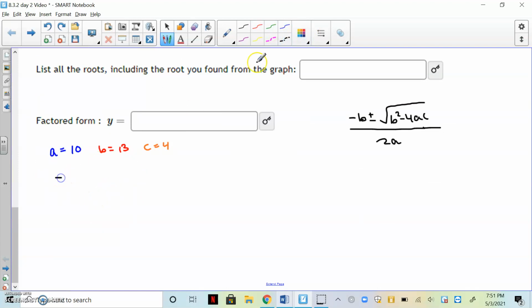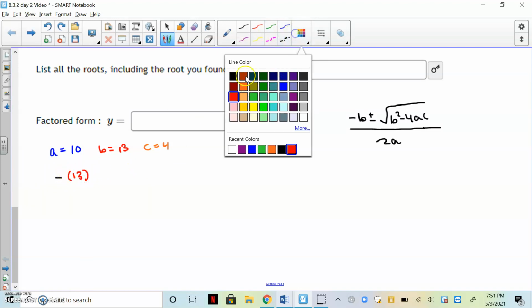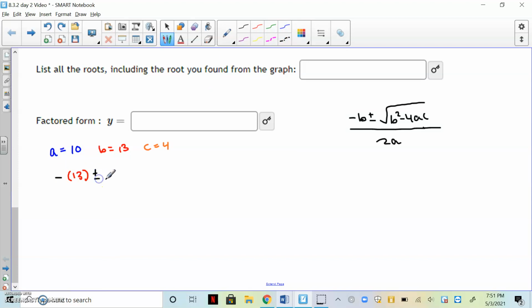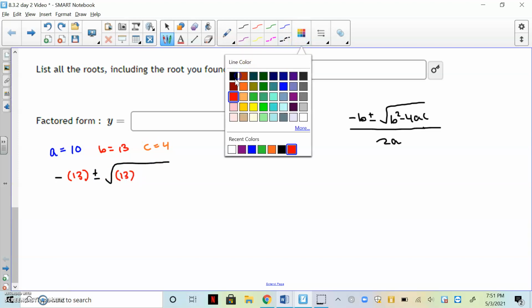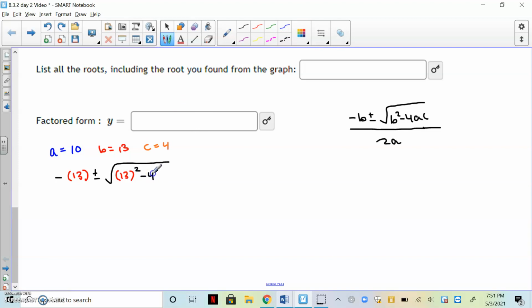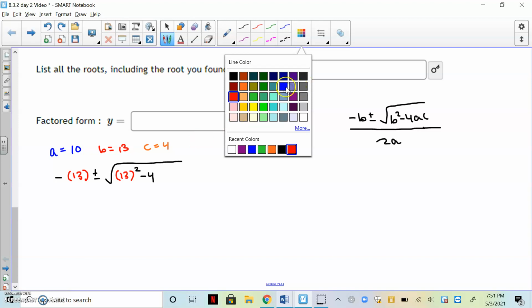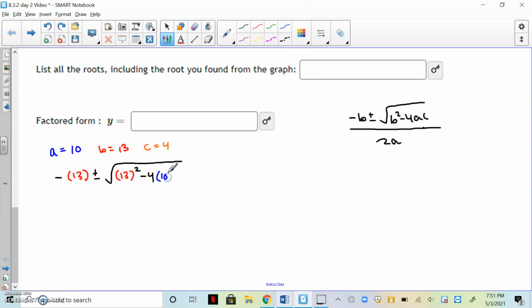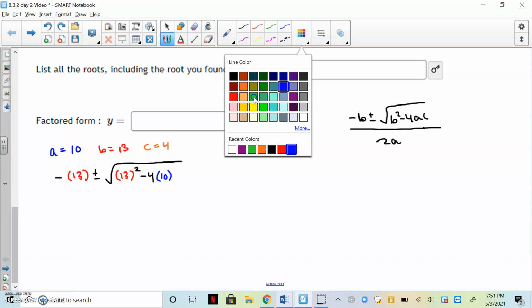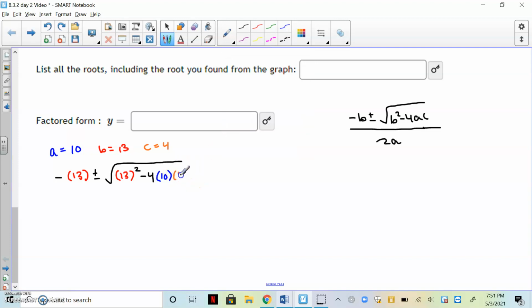So we have opposite of b, plus or minus the square root of b squared, so our b is 13, minus 4 times a, where a is 10, times c, where c is 4, all over 2 times a.